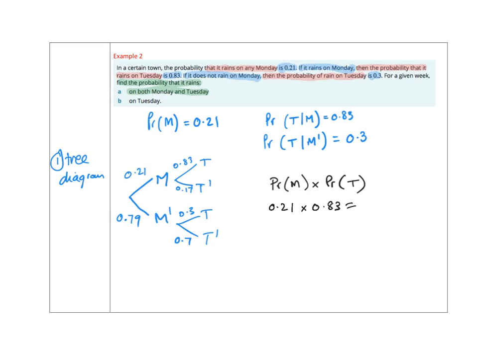Now we can use a calculator to find that the probability is 0.1743. And so for part A, we would recontextualise our answer and say the probability that it rains on Monday and Tuesday is 0.1743.